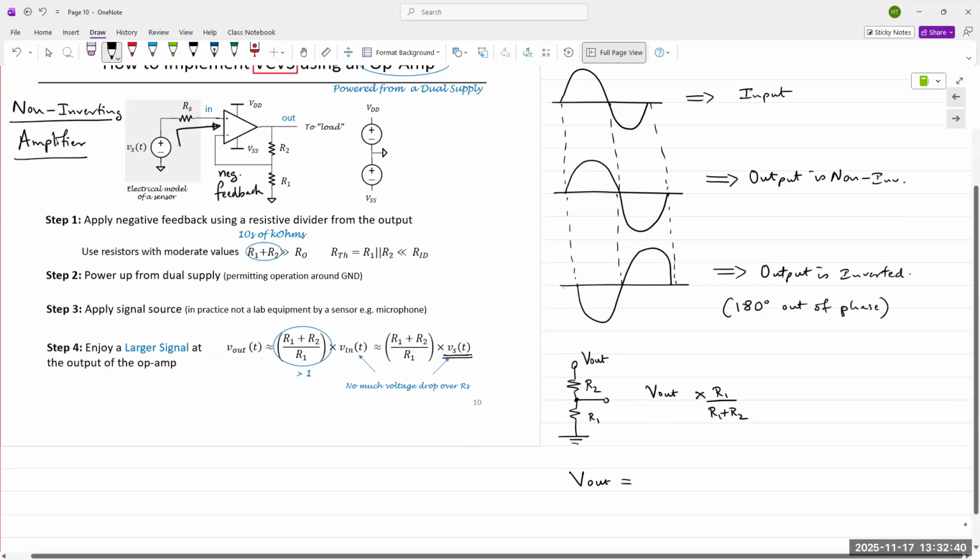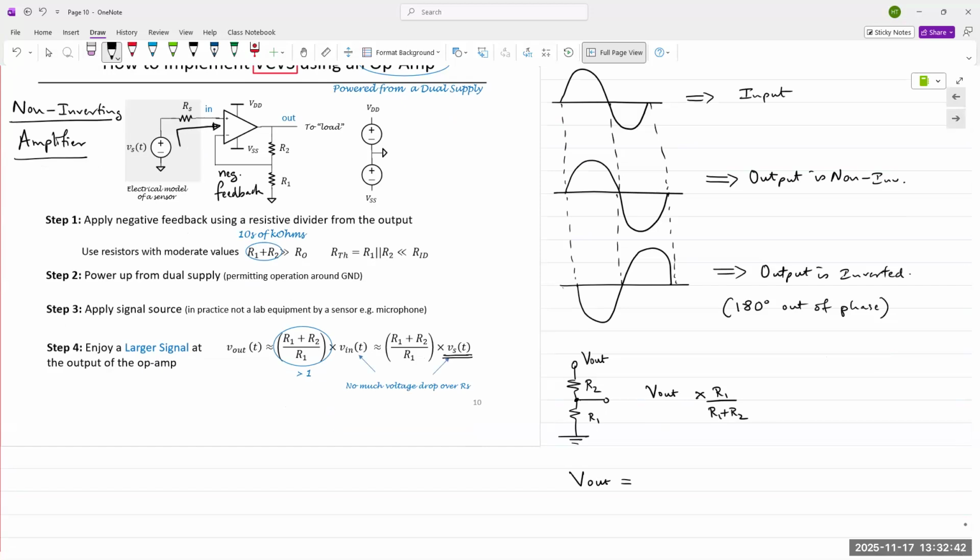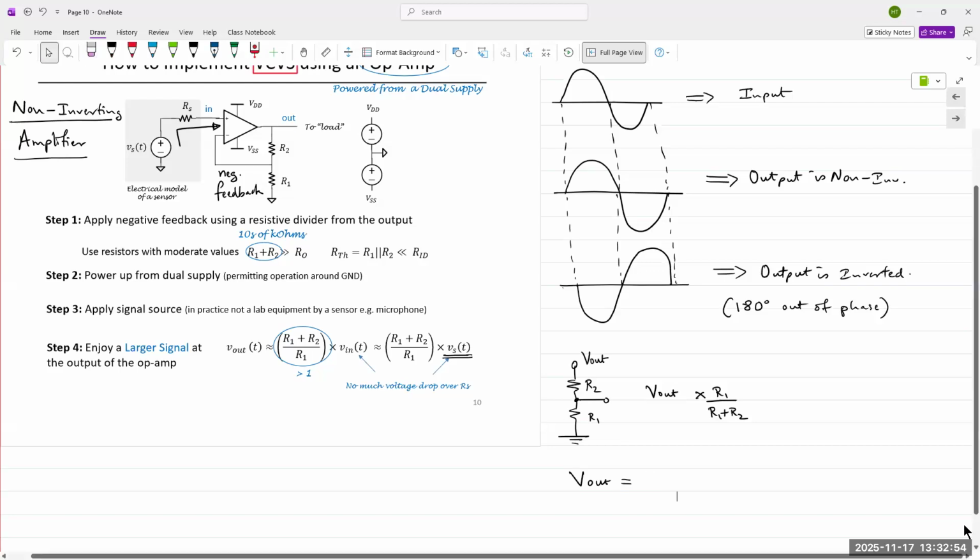So the Vout expression for a non-inverting amplifier is R1 plus R2 over R1. I'll write the more common form of the expression.